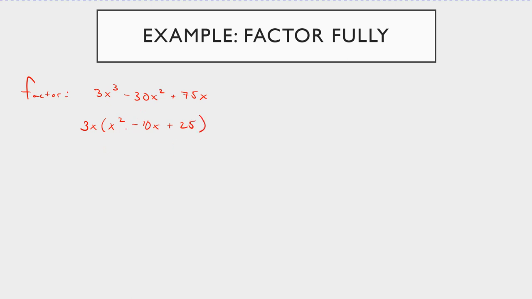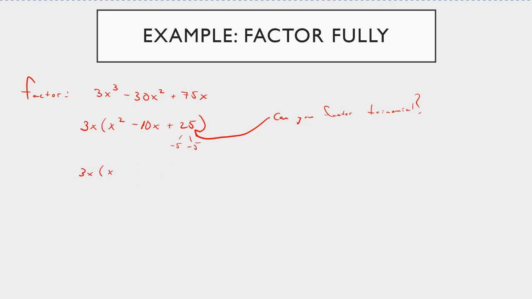So you might think, I factored out the greatest common factor, I'm done. But look inside here. Can you factor this trinomial? Yes, you can. We're going to use the number game here. What two numbers multiply to positive 25 and sum to negative 10? Well, that's minus 5 and minus 5.